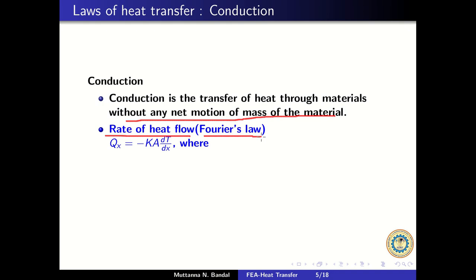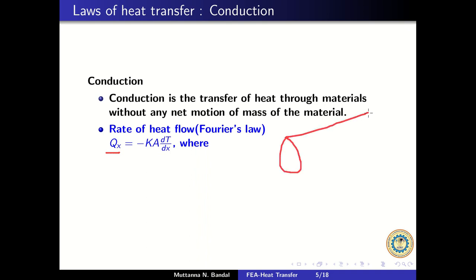It is also called Fourier's law, which is given by capital Qx equals minus k into A into dT by dx, where Qx is the rate of heat flow, k is the thermal conductivity of a material, which is a property of any material, and A is the cross section area.